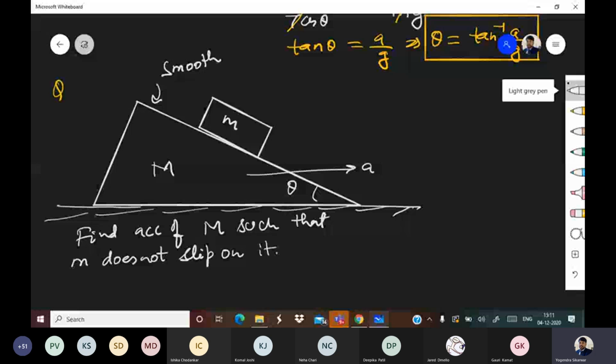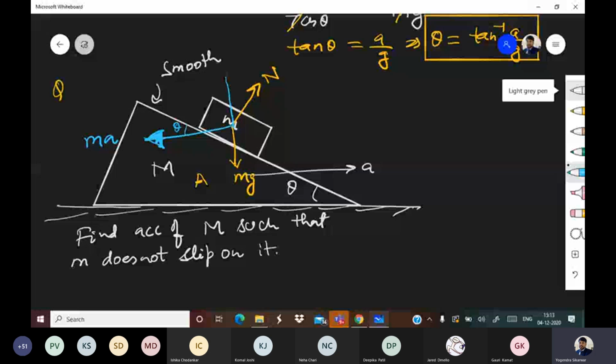That will be small m into a. Now what you can see is that when all these three forces are acting, the object is at rest. Pay attention, this angle is theta, so this will also be theta.